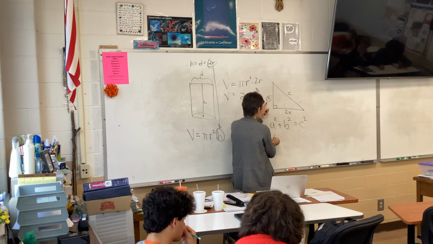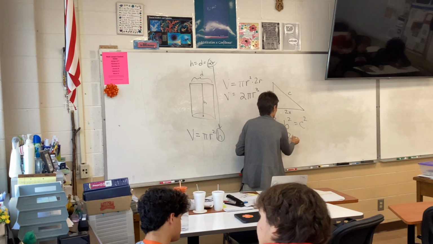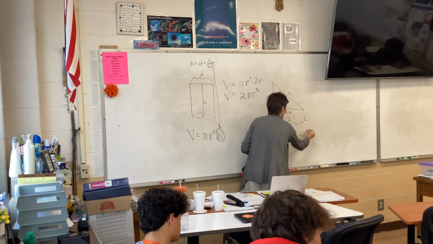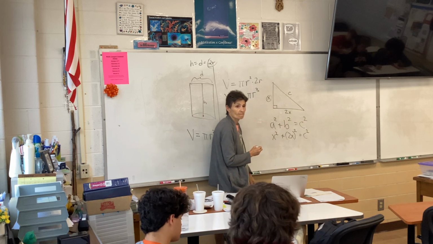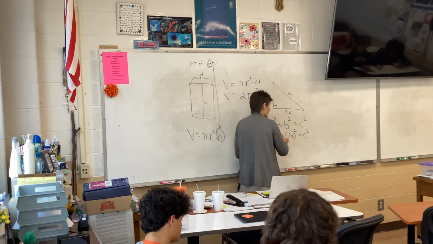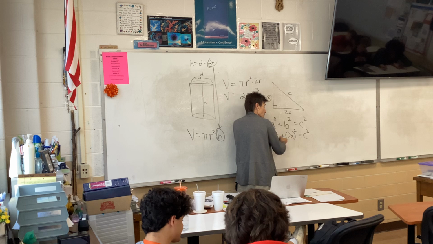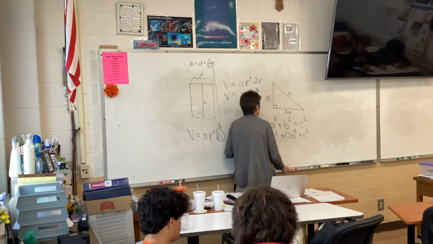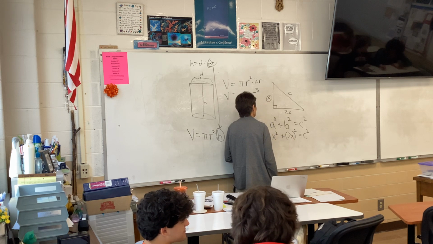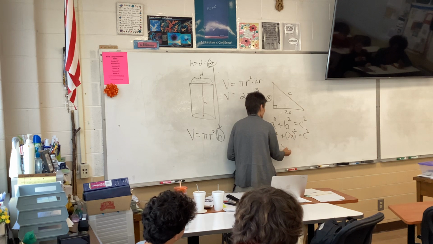My legs are x, so x squared plus 2x squared. Those add together to make what? If you say 3x squared, I'm going to come back and hit you. What do these add up to here? That's 4, so it's 5x squared.